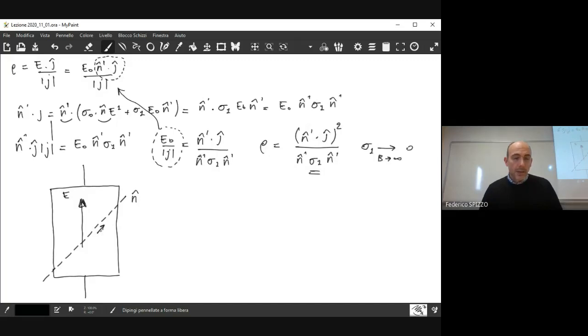So the increase of resistivity is due to the fact that the open orbit is not along the main direction of application of the electric field.